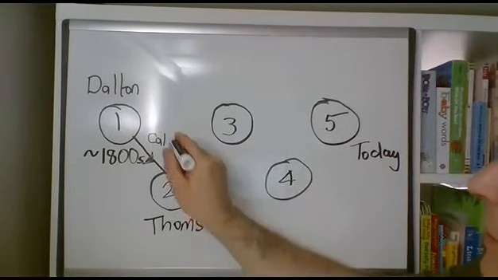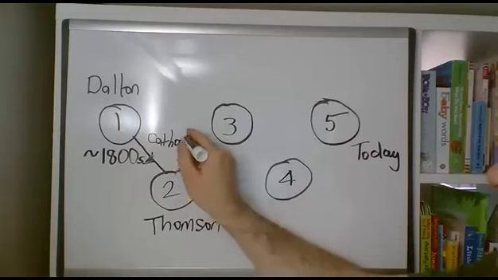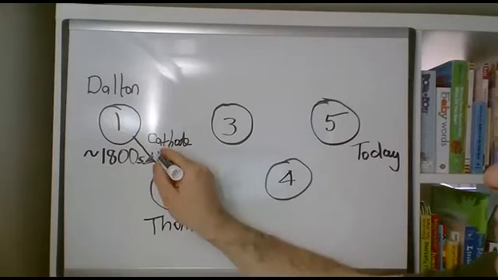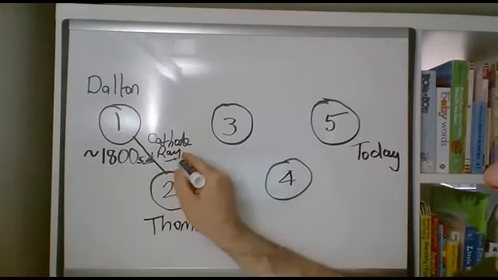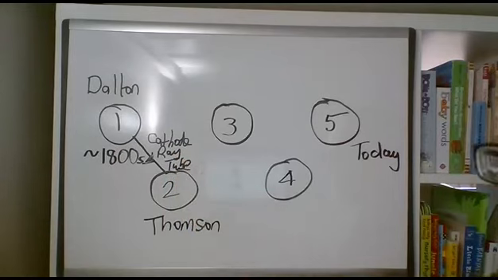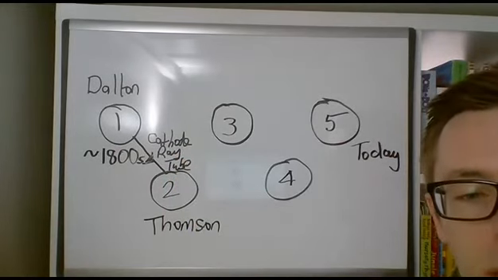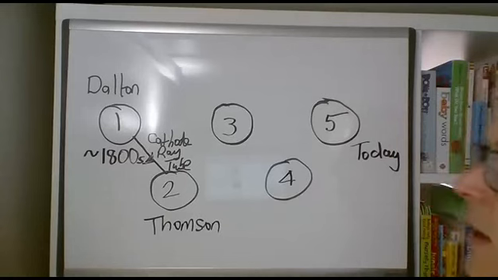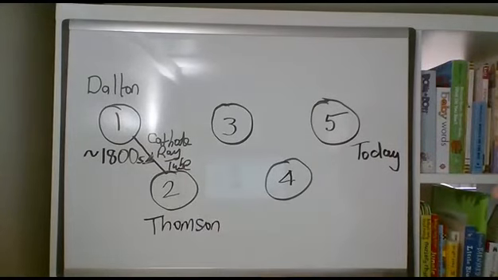Okay, so to go from Dalton to Thompson, there's an experiment that we need to look at called the Cathode Ray Tube experiment. We'll go back and look at a little bit of detail what that was. So Dalton to Thompson via the Cathode Ray Tube experiment.